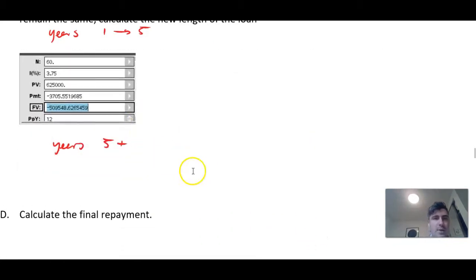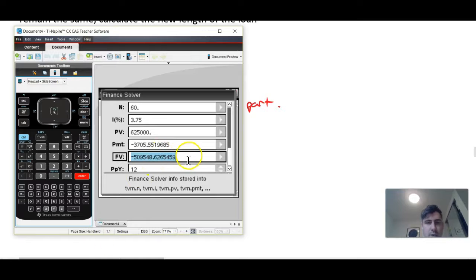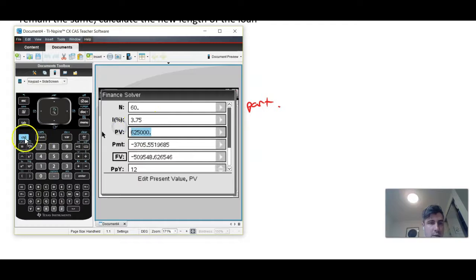Okay, now that becomes your PV for the next part. For the next part, years 5 plus, we're going to shift around some of these numbers. We're going to control copy that final value and paste it into the principal value.